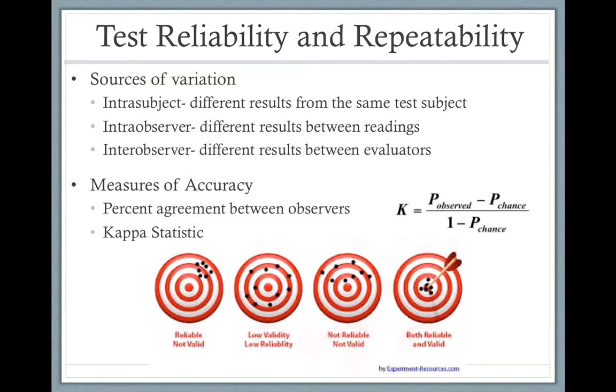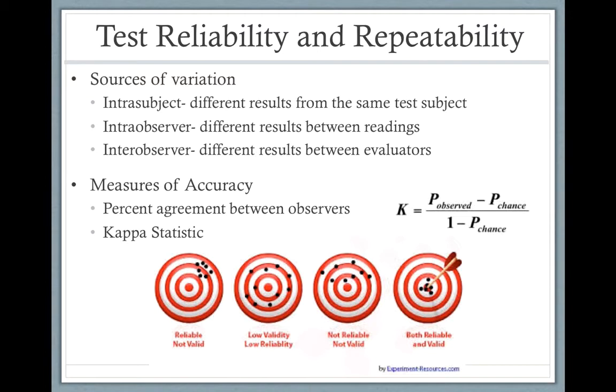Or in that case, a tight group is in that first bullseye. If that has reliability, all of the cases are all within that same diagnosis. That means every observer is doing the same diagnosis, but the diagnosis is wrong, so it's not a valid test.